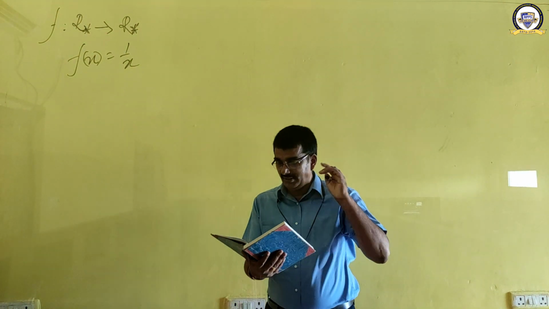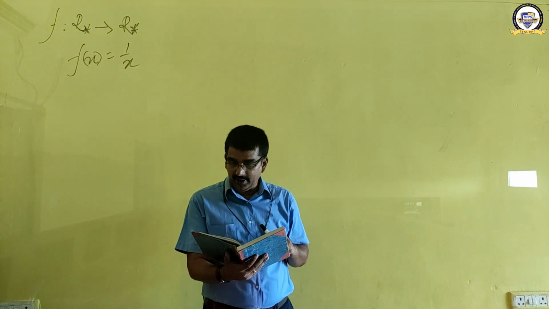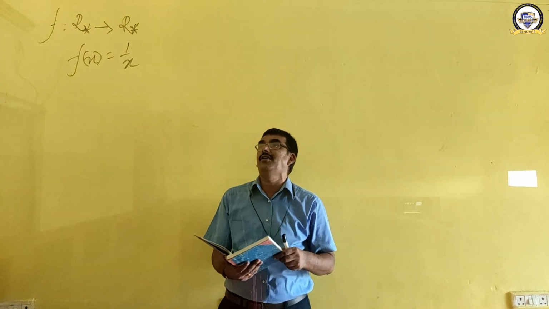You have to show that it is one-one or onto, where R star is the set of non-zero real numbers.